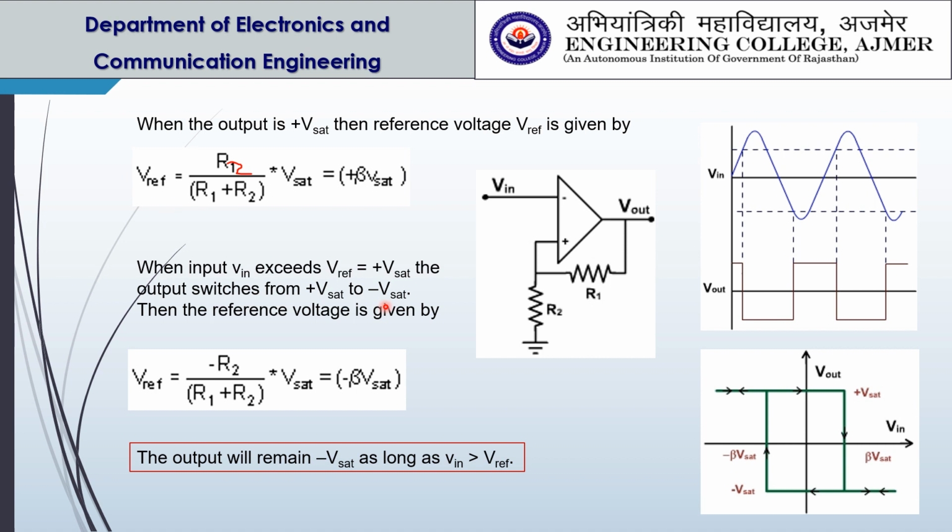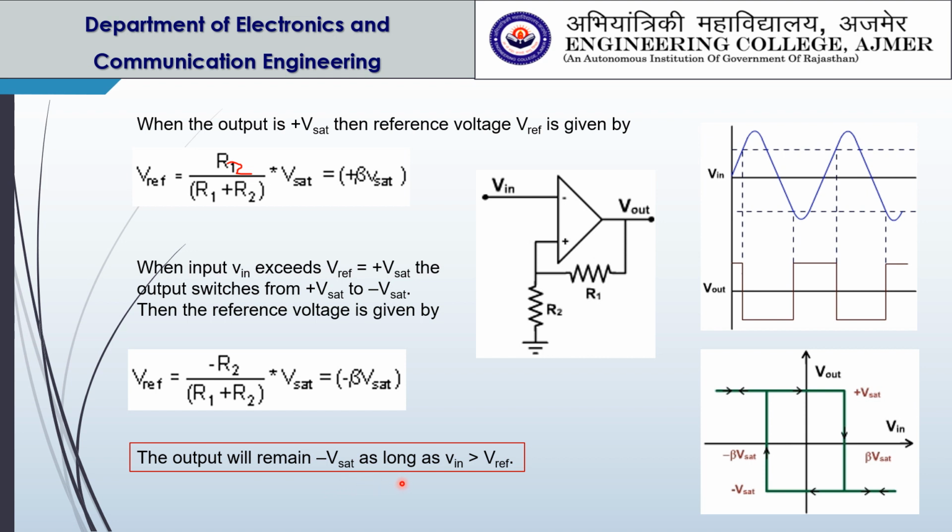In this case, the reference voltage is given by minus R2 upon R1 plus R2 into V sat, because in this case the output is minus V saturation. So we get V reference as minus beta V saturation. In this case the output will remain minus V sat as long as the input voltage is greater than the V reference voltage.